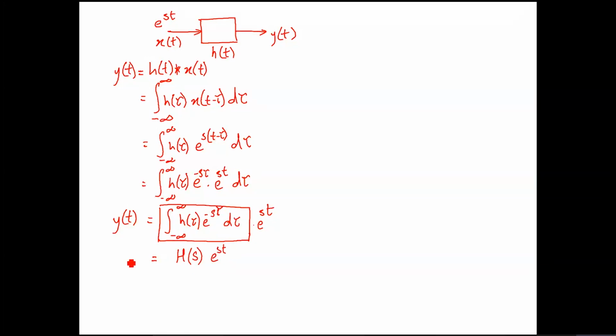So the output that we get came out to be this. So this actually proves that e raised to the power of st is an eigenfunction, because once we gave that as an input, the output that came out was the same e raised to the power of st multiplied by something, and that something we gave the symbol H of s, because this will be some function of s.